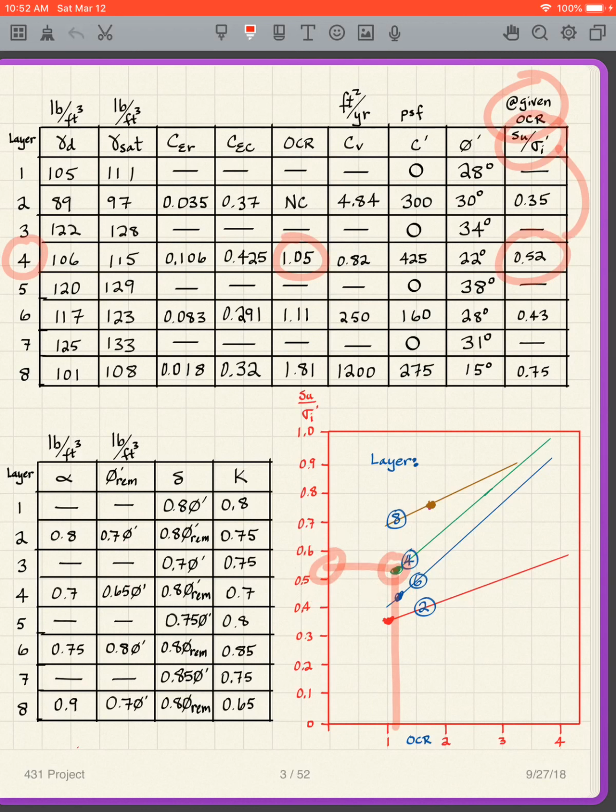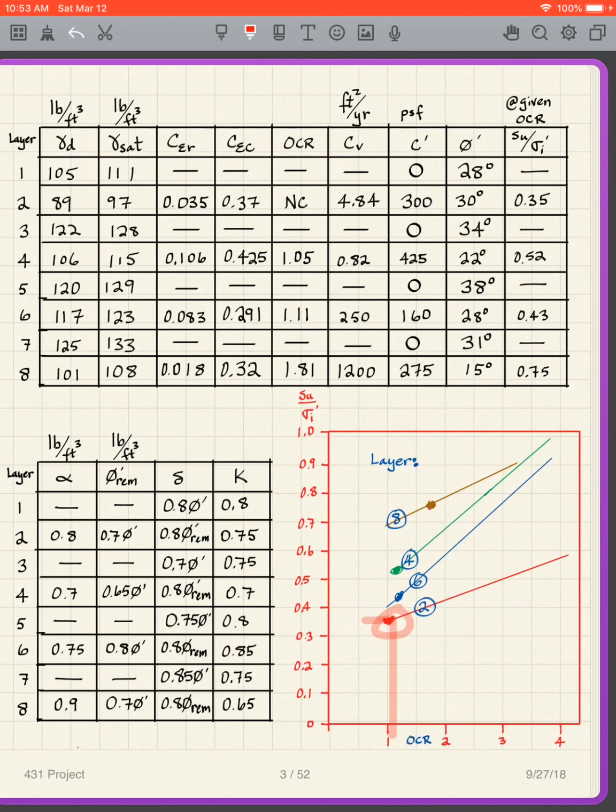So, in other words, on these curves, I've given you one point. I've given you that point for layer 8, and that's 0.75. So if we read across there, we're going to get 0.75 for layer 8. For layer 2, it's normally consolidated, which means an OCR of 1. So that comes in here at 0.35, which is given there.